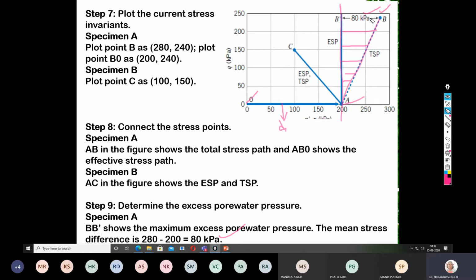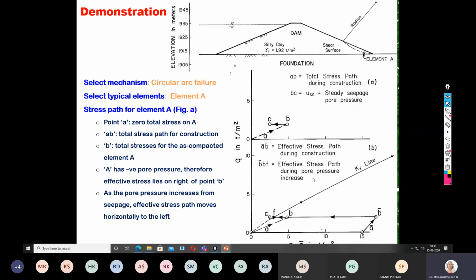That should give you the net value of the pore water pressure. Here, the maximum delta sigma increase was up to 280. This is a small example.